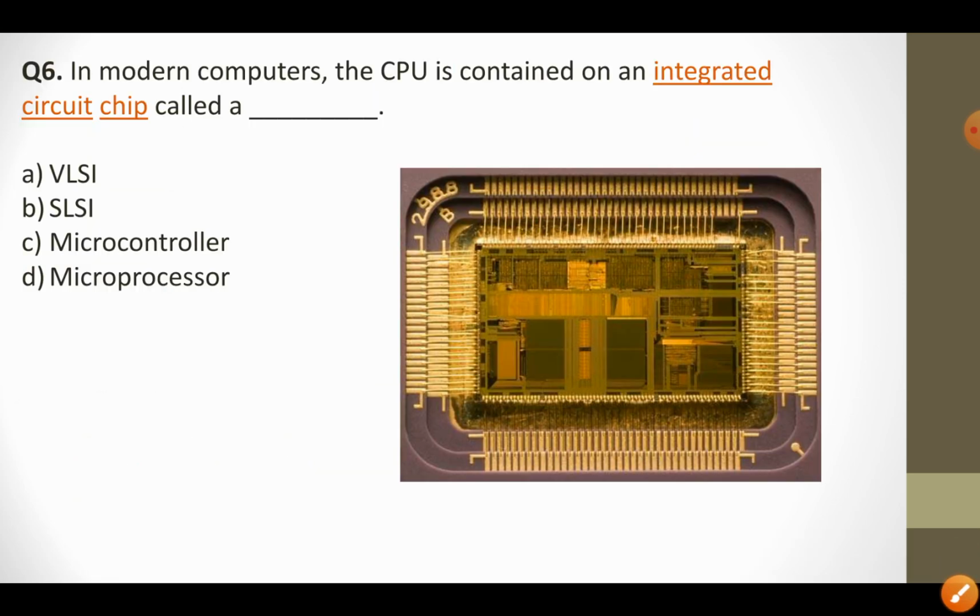Moving on to the next question. So you can see we have very good questions for you in this video series. Question number 6. In modern computers, the CPU is contained on an integrated circuit chip called a blank. So the right answer, can you guess what will be the right answer?